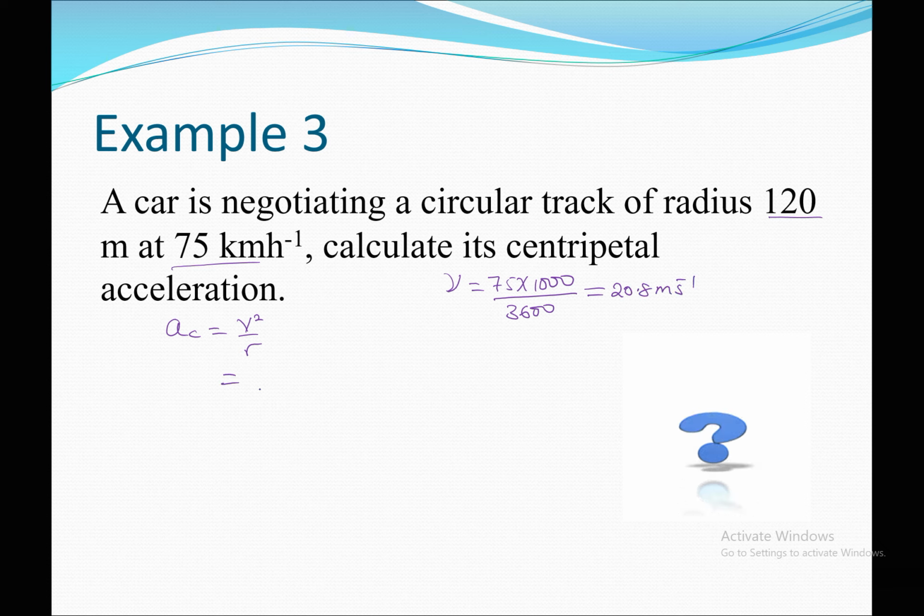So this is going to be 20.8 squared divided by r, which is 120. So the centripetal acceleration is approximately 3.6 meters per second squared. So that is the centripetal acceleration.